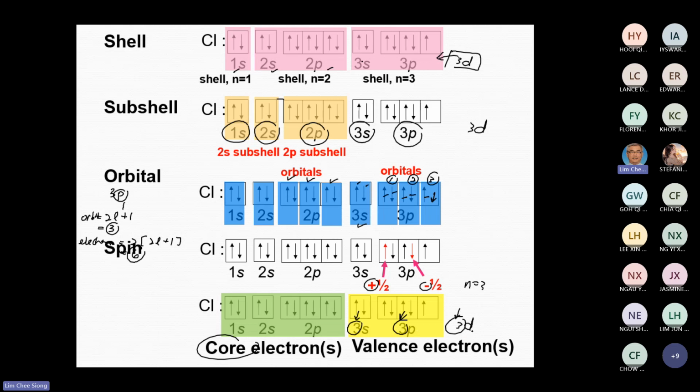But if the question comes up with the last valence electron, then it refers to the outermost one, the last one with a negative spin here. It's under 3d, the last one here. Or otherwise, some questions we give you, what is the last valence electron of 3p? Refer to here, 3p. This is the last.